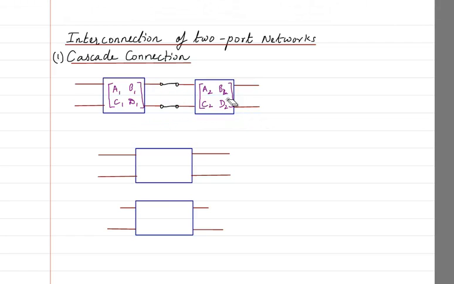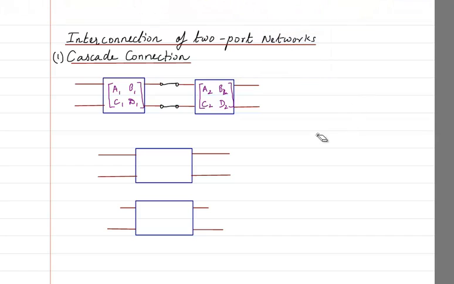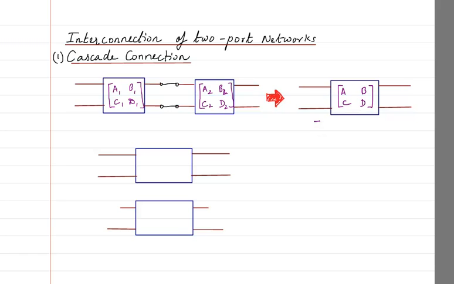Then I can replace this with a single two-port network whose parameters, let me write them as A, B, C, D, I can find by simply multiplying the first matrix A1, B1, C1, D1 with A2, B2, C2, D2, using matrix multiplication.